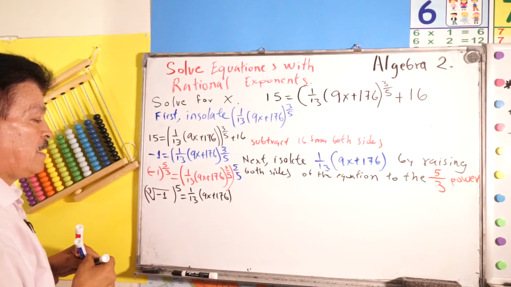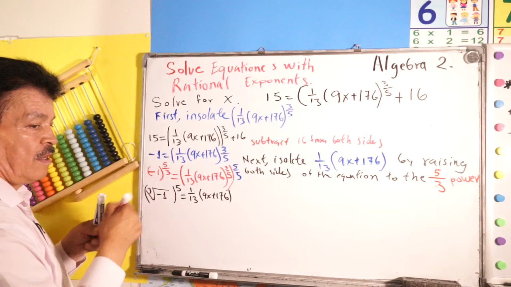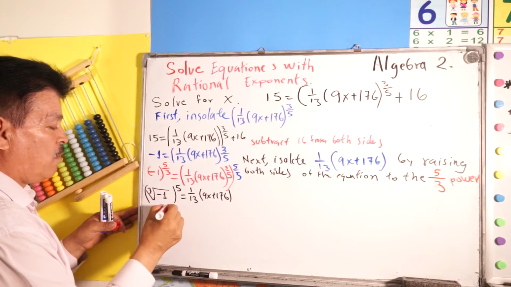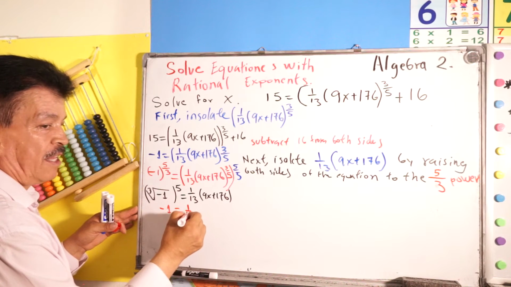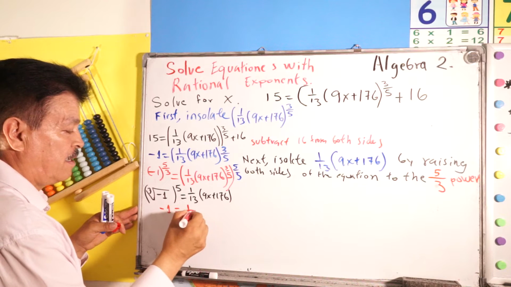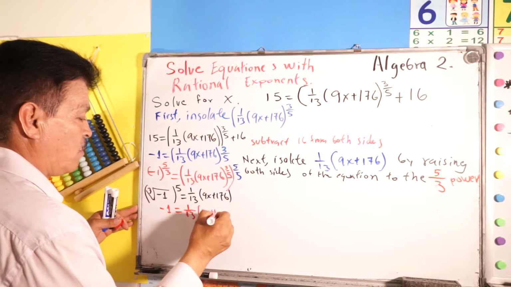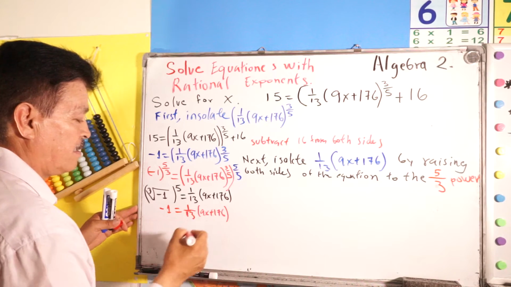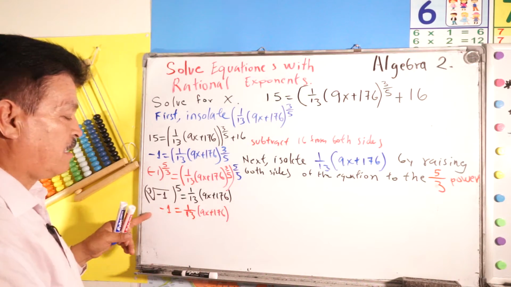The next step is negative 1 equals, simplifying, 1/3 times (9x plus 17).